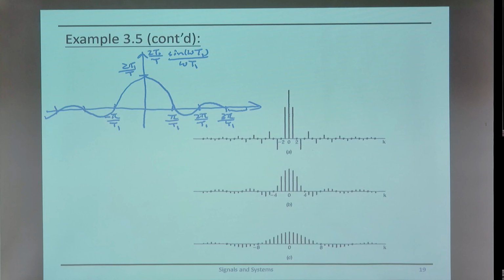And then, as we mentioned, AK are samples at integer multiples of 2 pi over T.